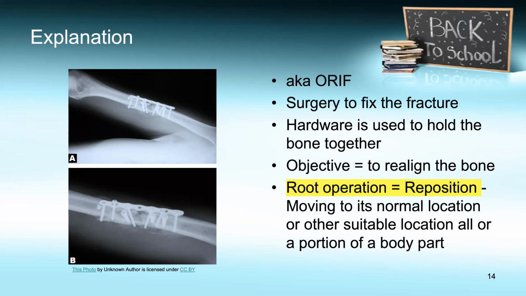So dilation is what we end up with, because the objective of the procedure is to expand an orifice or the lumen of a tubular body part. And that's exactly what they're doing with a PTCA. They're opening up that artery. They're dilating the opening so that it increases blood flow. So that's how we end up with dilation as our root operation.